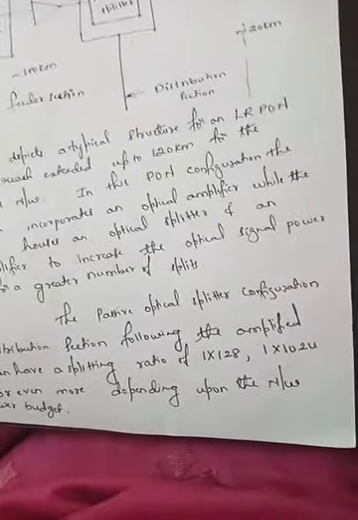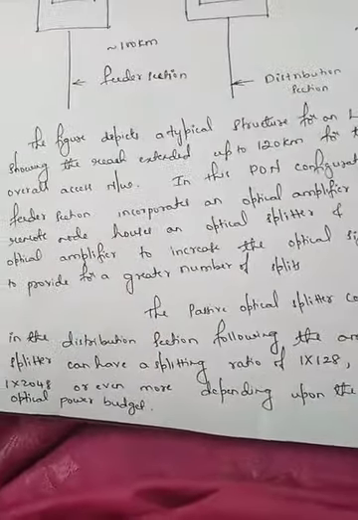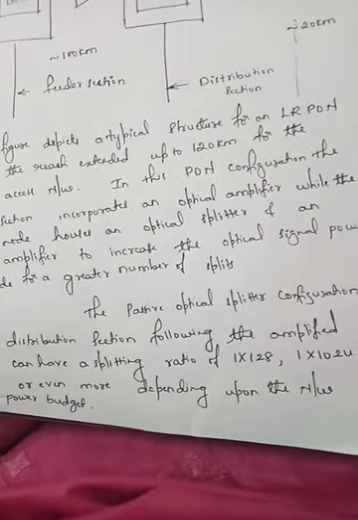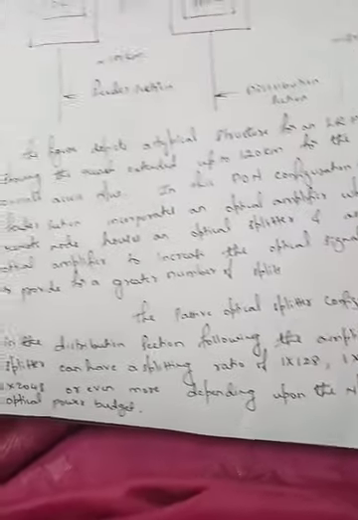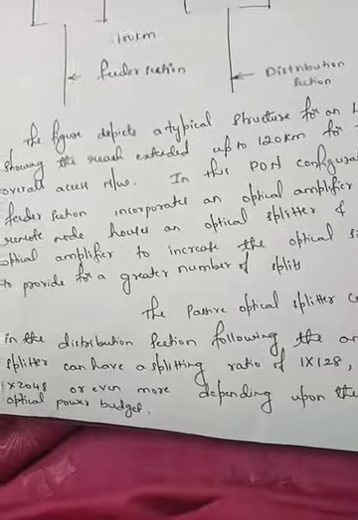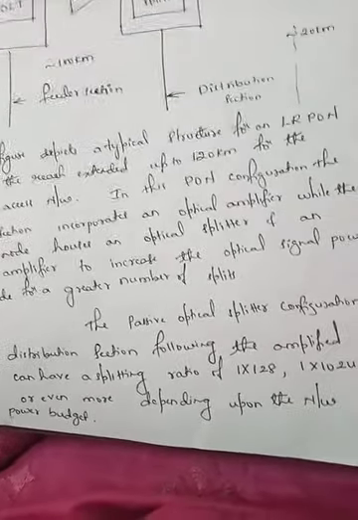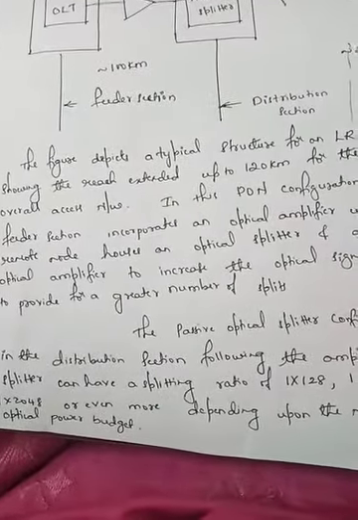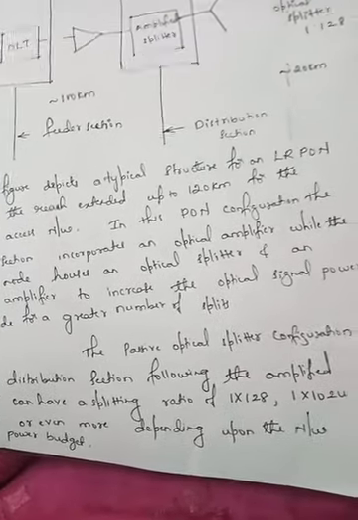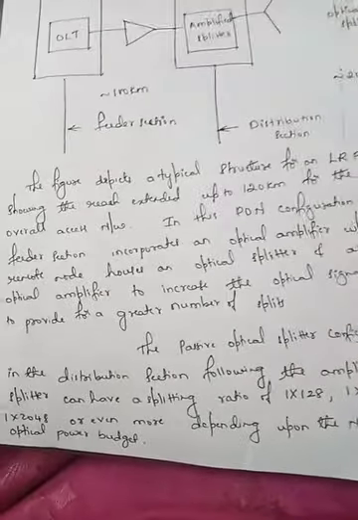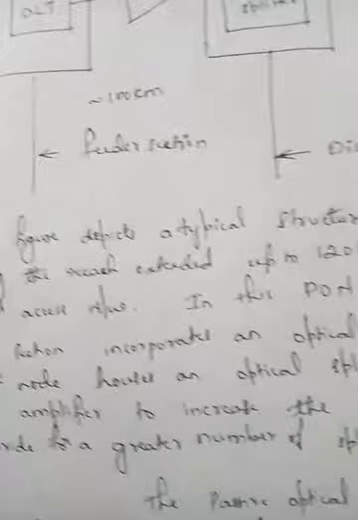In the PON configuration, the feeder section incorporates optical amplifiers, while the remote node houses an optical splitter and an optical amplifier to increase the optical signal power to provide for a greater number of splits.